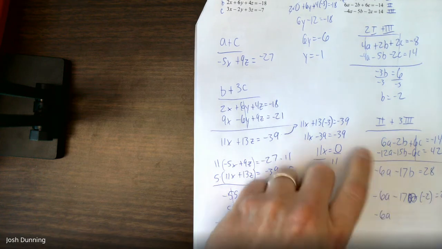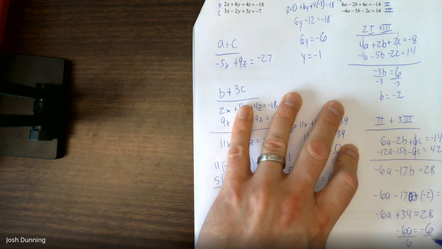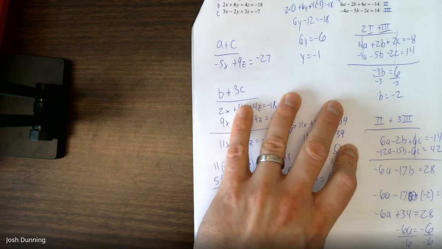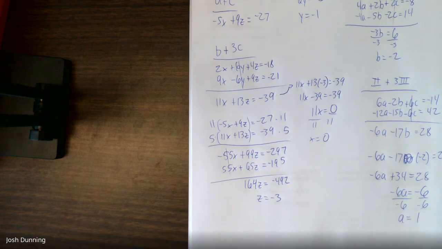Negative 6a, double negative, so that's plus 34. Subtract 34. Divide. So again, negative 17 times negative 2, positive 34. I subtracted it from both sides. Got my a.